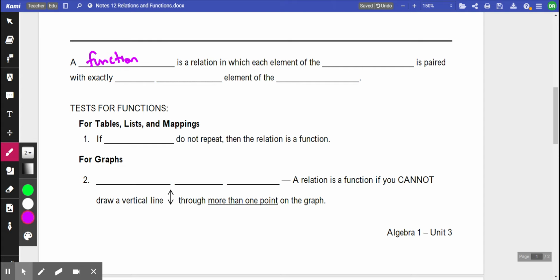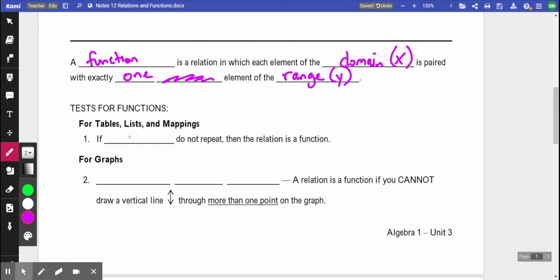So a function is a relation in which each element of the domain, and remember domain, those are your x values, is paired with exactly one element of the range. Don't forget that your range, that's your y values.